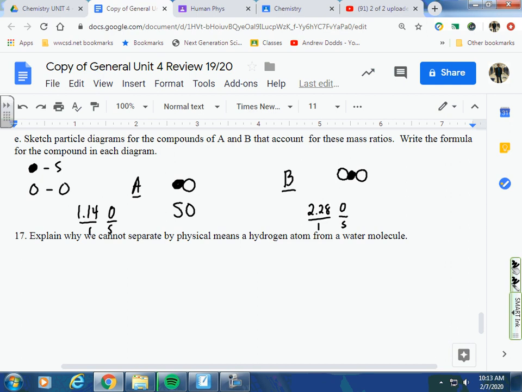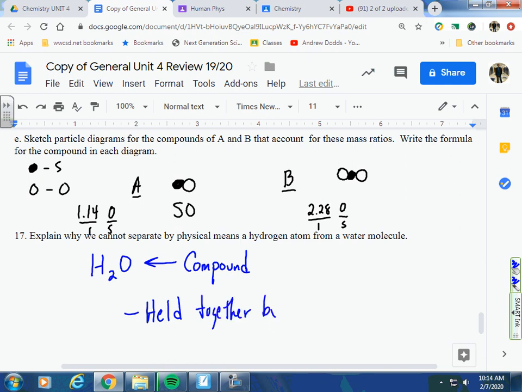And there you go. And 17, explain why we cannot separate by physical means a hydrogen atom from a water molecule. So a water molecule, H2O, is a compound. It's held together by chemical bonds. We cannot separate compounds by physical separation techniques.